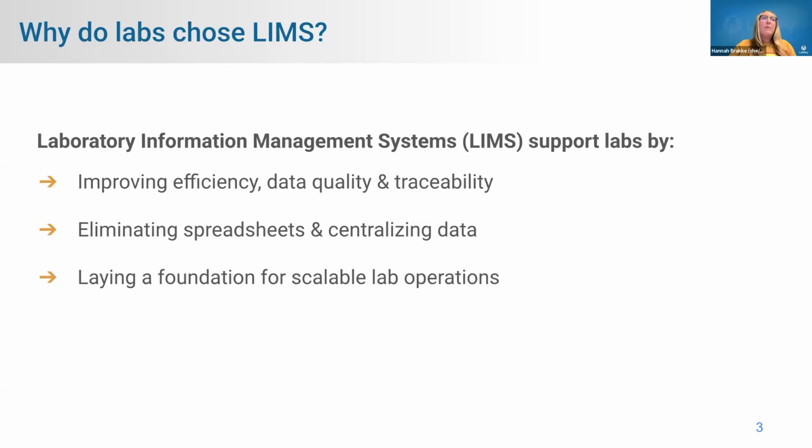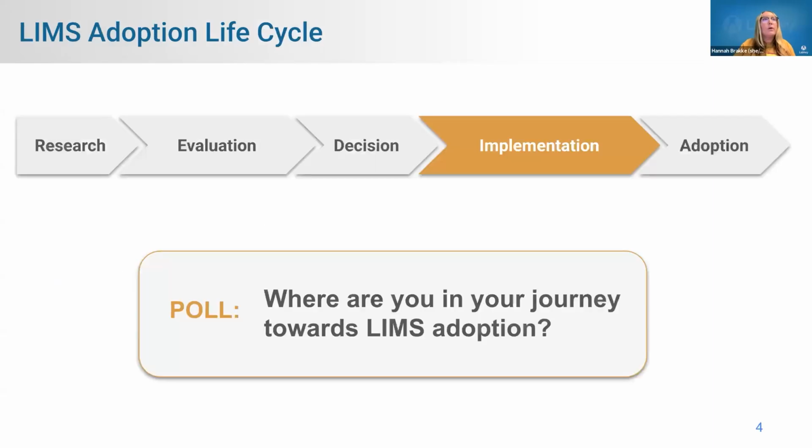It's also about eliminating manual solutions like spreadsheets or paper and having a centralized location for all of your laboratory data. And then also laying the foundation for your lab as it scales, either in sample number, project number, or user count, for example.